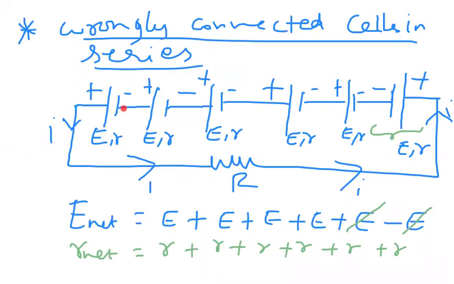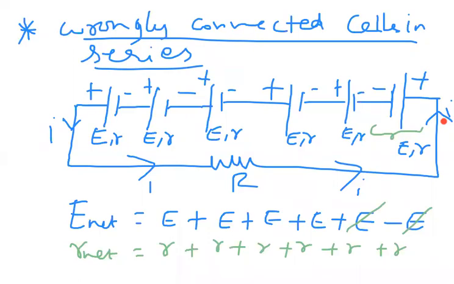Simply all are connected one to the other. Such a combination is series. Resistance does not bother about cell connection. So all the cells are in series. How many are there? 6 are there.